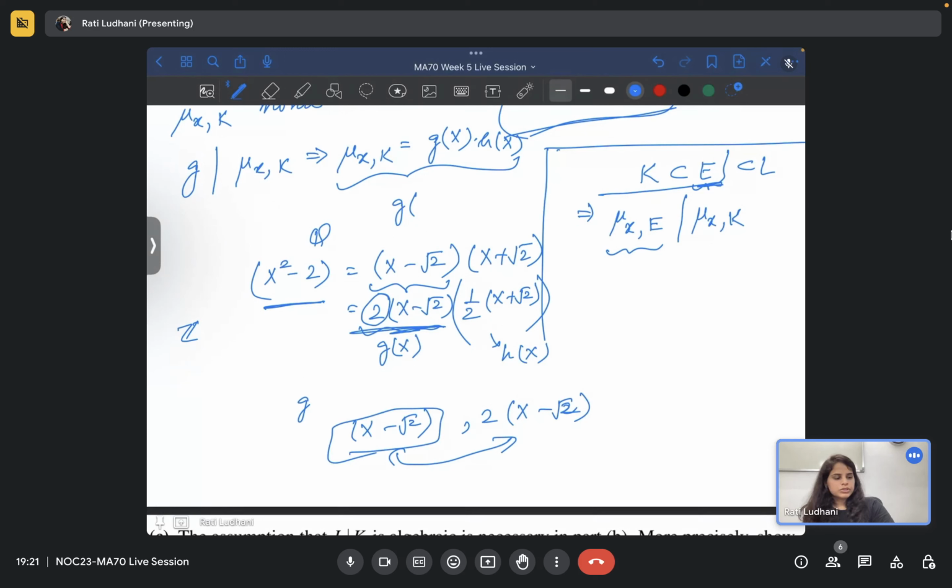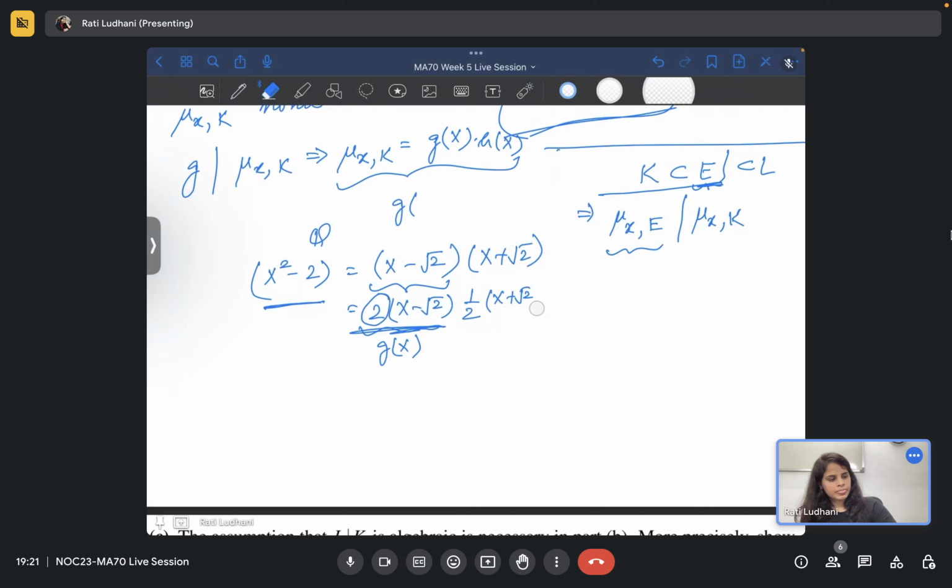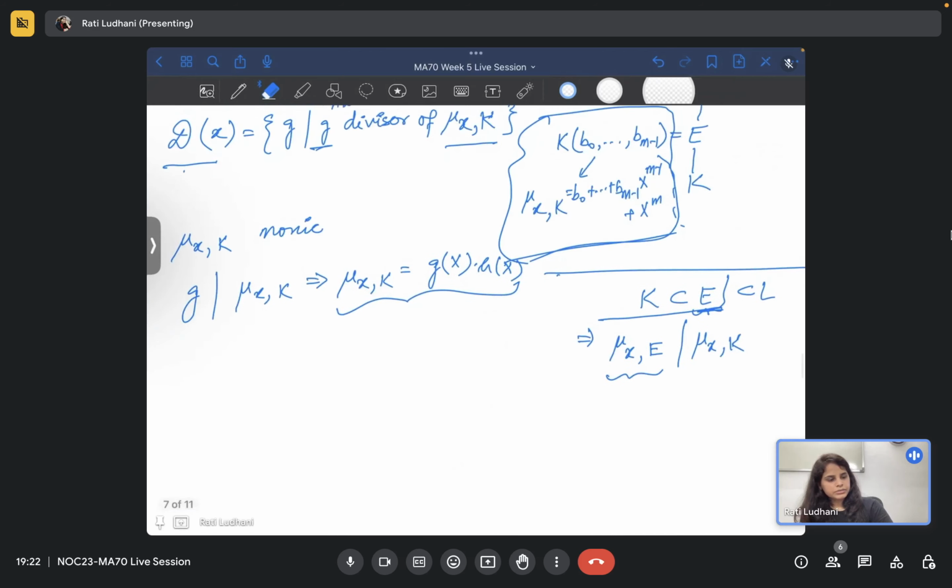So we don't want these to be different in our set. That's why we have to write monic. Is that okay? Yeah, fine. So divide does not mean it should divide exactly; there could always be units in multiplication.